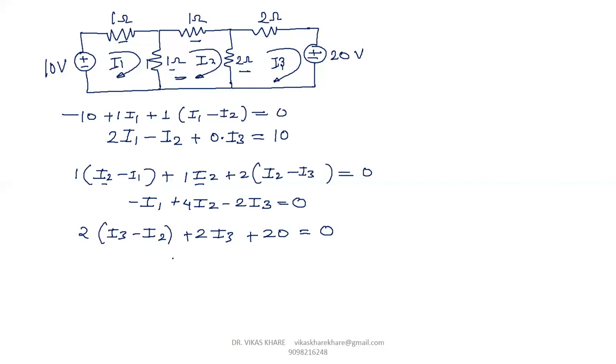In the third equation, the I1 term is missing, so 0 into I1 plus minus 2I2, then 2I3 plus 2I3 is 4I3, equals minus 20.